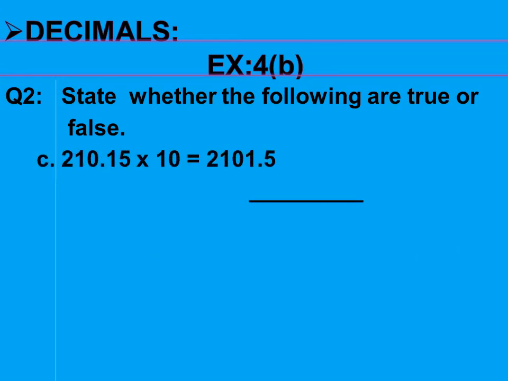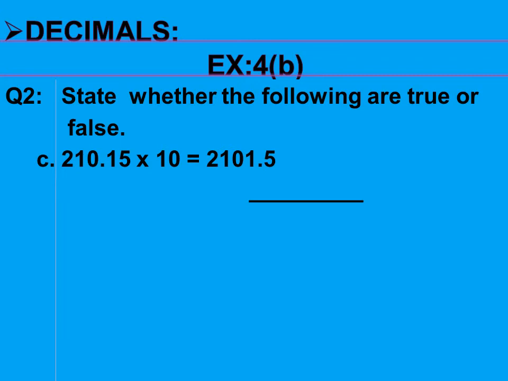Now dear students, we will move to the next part, part C. 210.15 multiplied by 10 is equal to 2101.5. Dear students, in this statement, we have to multiply the given decimal number with 10. We read that whenever we multiply a decimal number with 10 or multiples of 10, simply we will move the decimal point to the right.